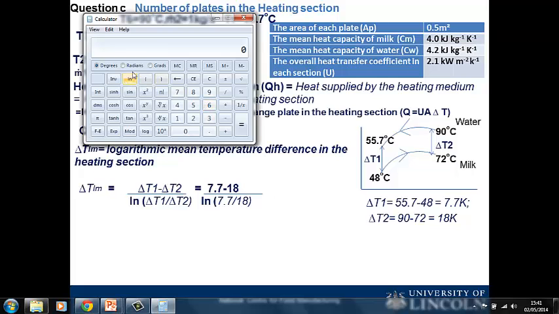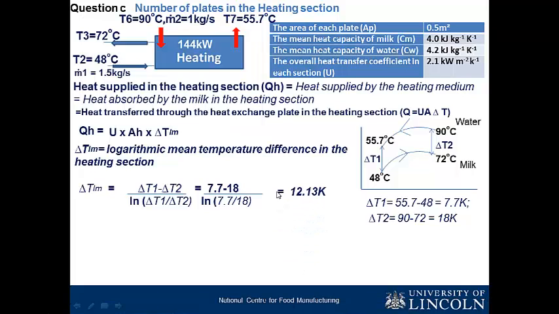But if I want to do this, I'll just press 7.7 divided by 18 equals this. So the ln of that is what I have in my denominator. Then 7.7 minus 18 divided by what you have here will give you your final answer. So that's what we have. Now we have our delta T LM.